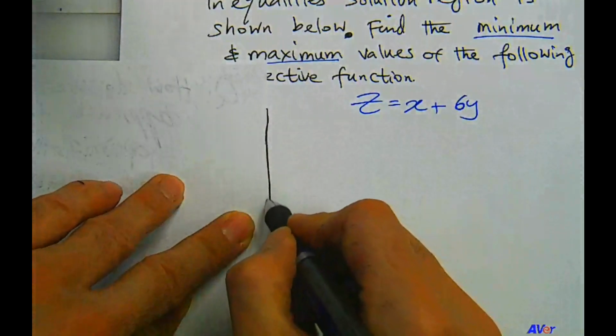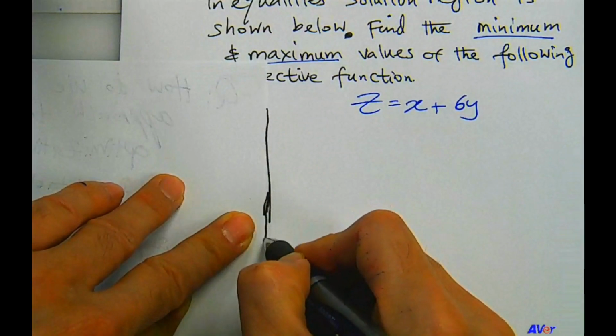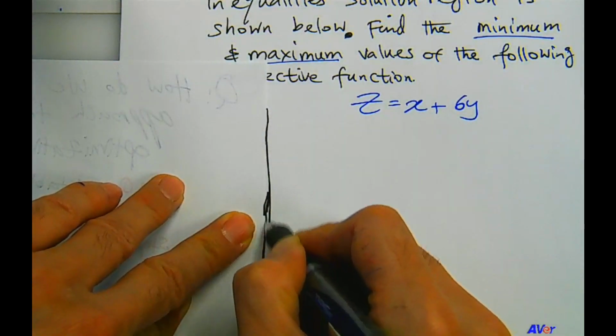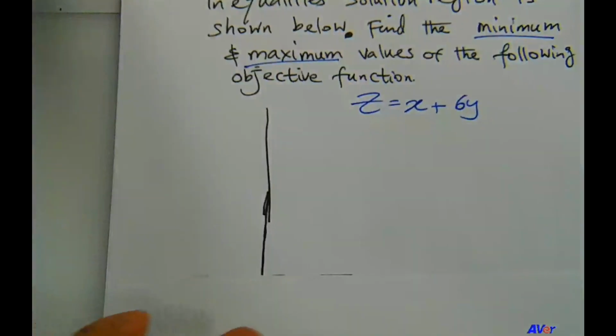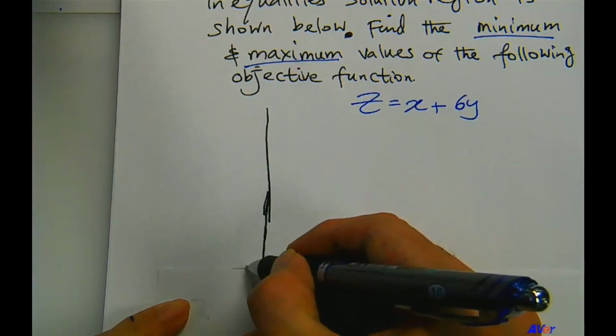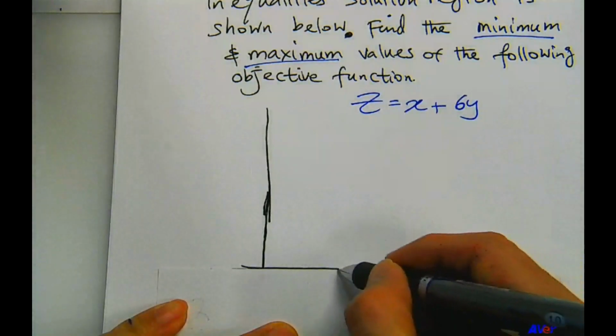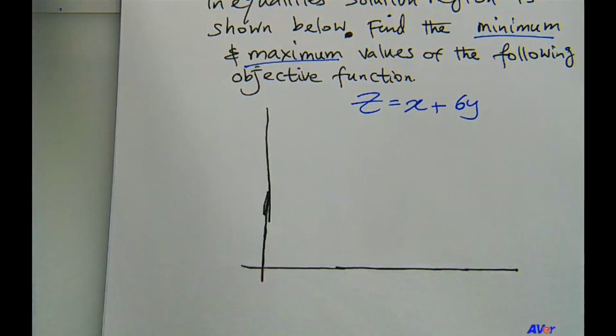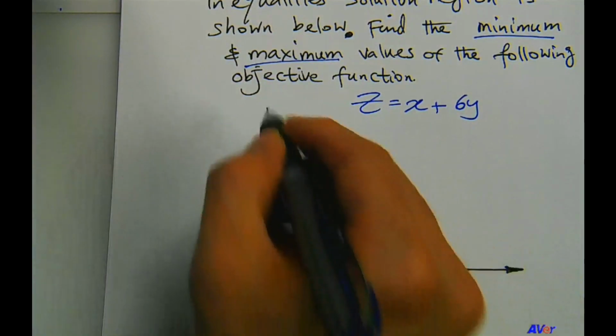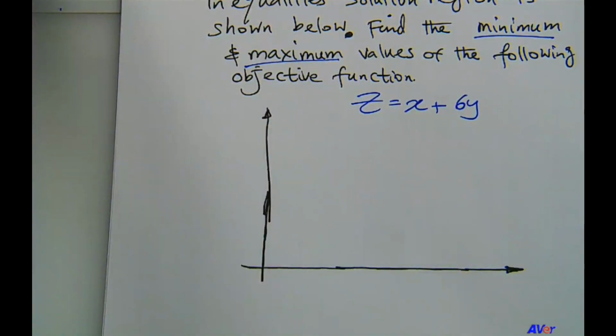Oops, my line is not straight like that. I meant for that to be the y-axis. I will bring my straight edge next time. Actually, I might have it. Let me look.